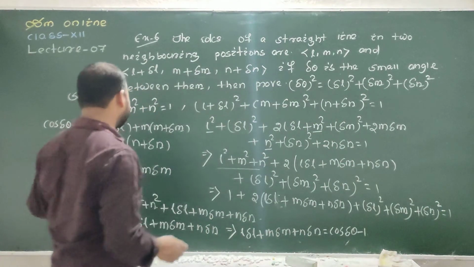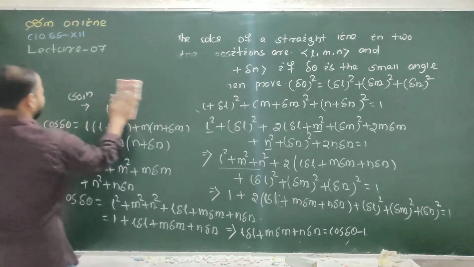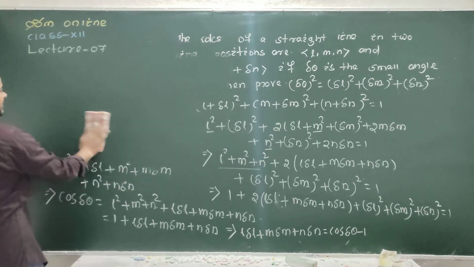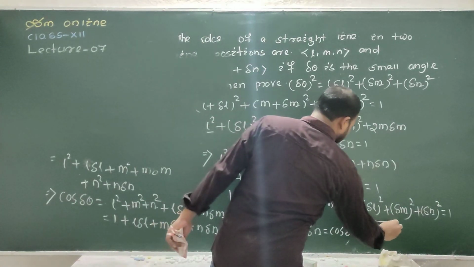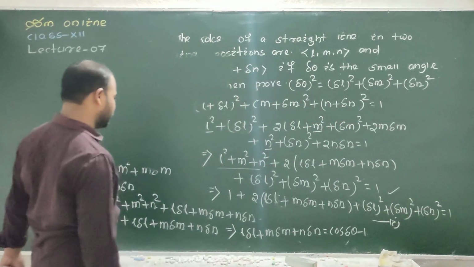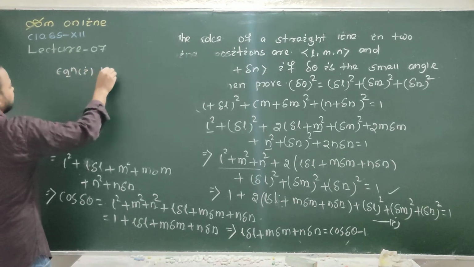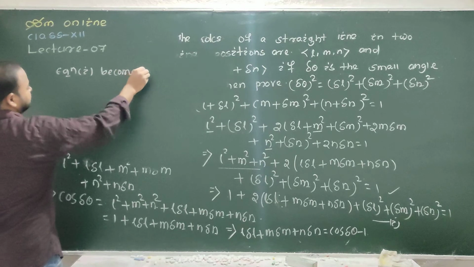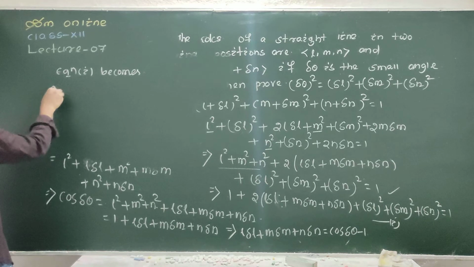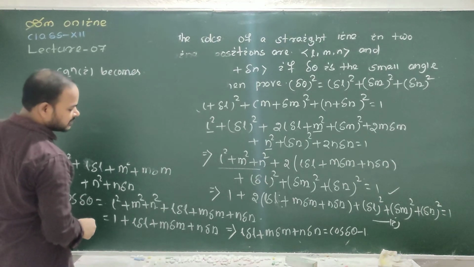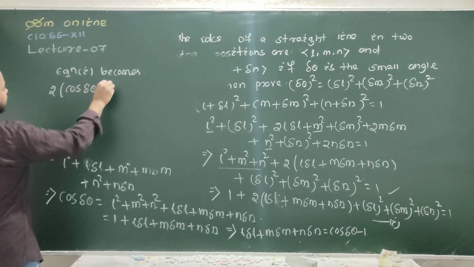Okay, so the equation is reduced to this equation. If it is equation first, so equation 1 becomes, 1 cancel here. This is 2 into cos del theta minus 1.